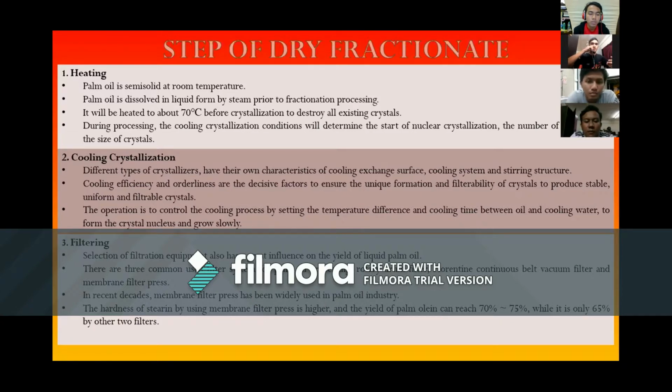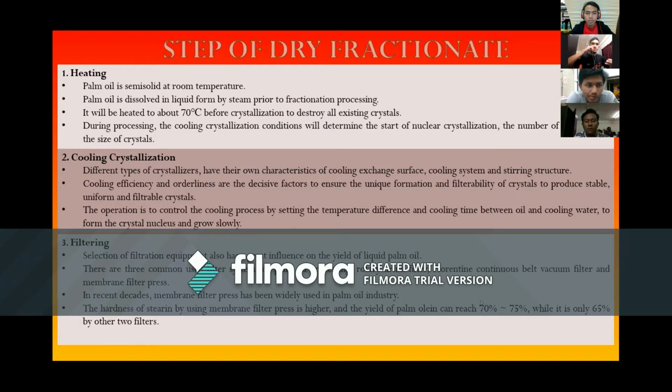Next is cooling crystallization, where the olein and stearin separate. Different types of crystallizer have their own cooling exchange surface, cooling system, and stirring structure.